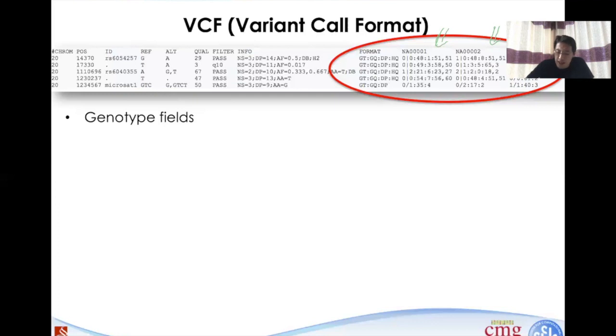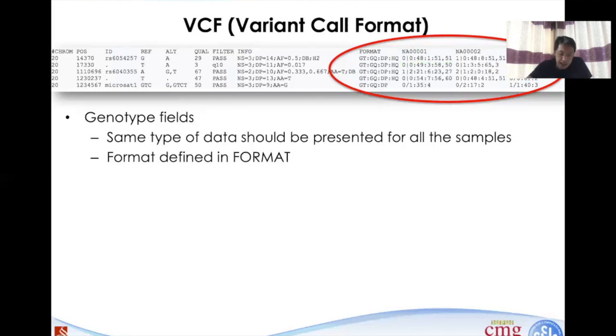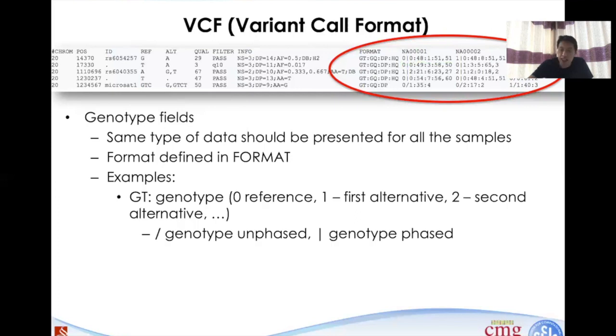Within this, you will see all those different numbers, and what these numbers mean is defined in this format field. Let's go into a little more detail. The first one is GT, which stands for genotype information.